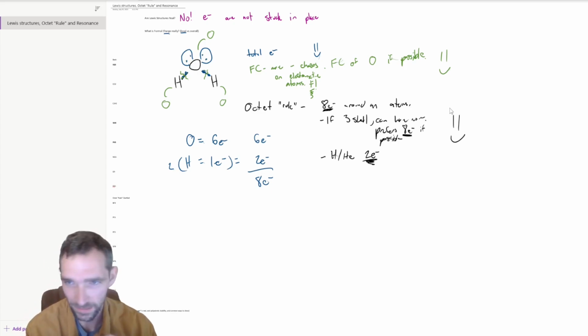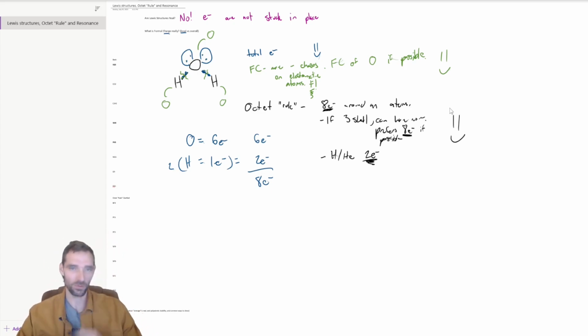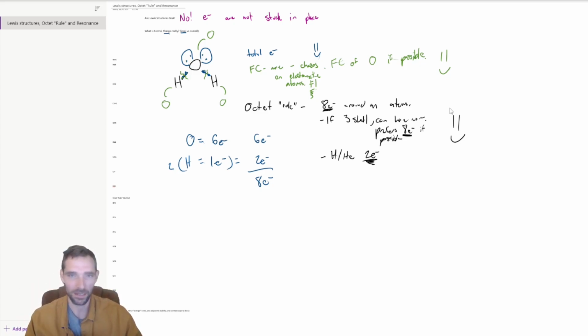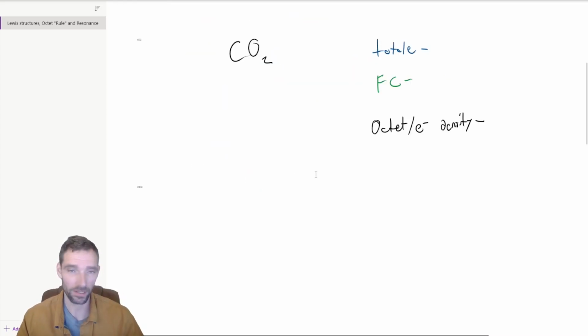So I'll do smiley, frowny, or even neutral faces. And the tricky thing with Lewis structures is that sometimes you can't make all of these perfectly happy. So you have to think about how they compare or combine in the best way possible to get something that is actually accurate. Next, let's look at carbon dioxide.